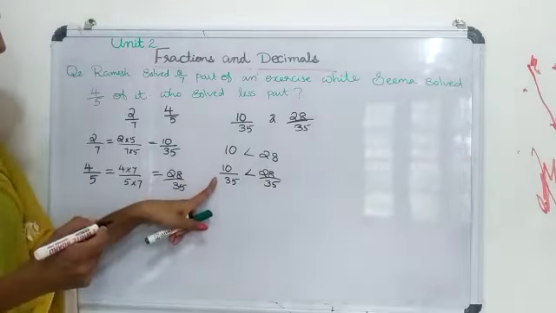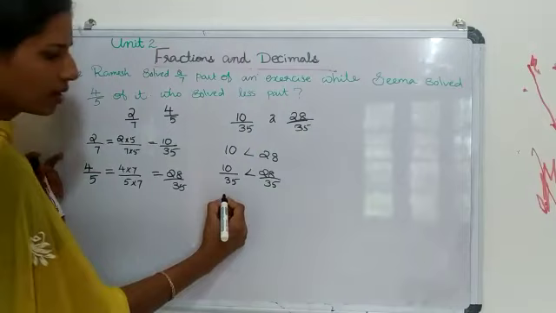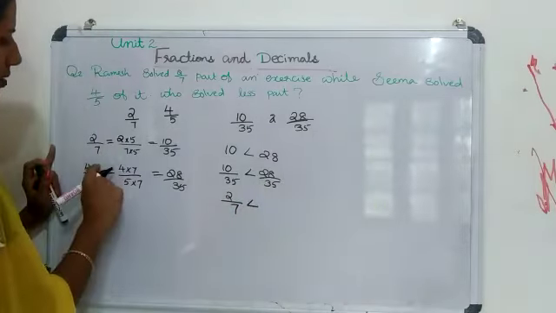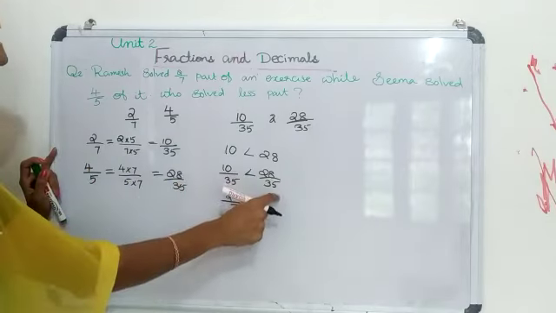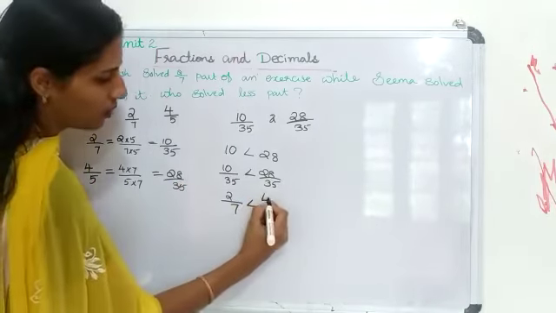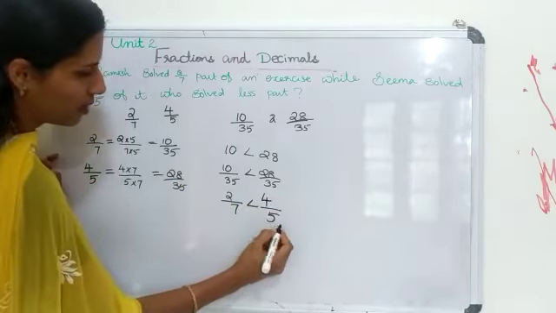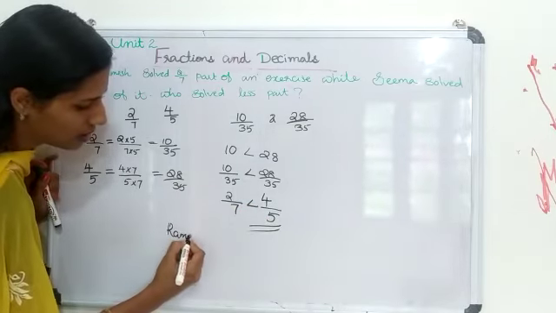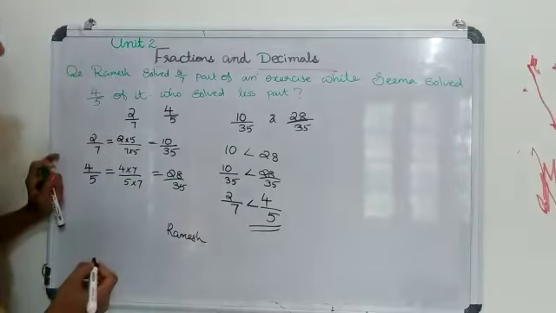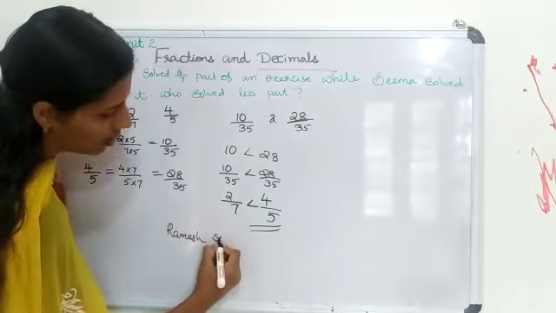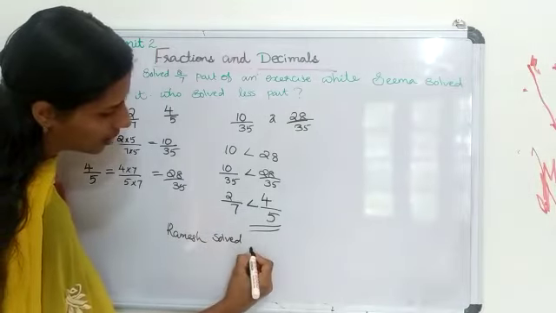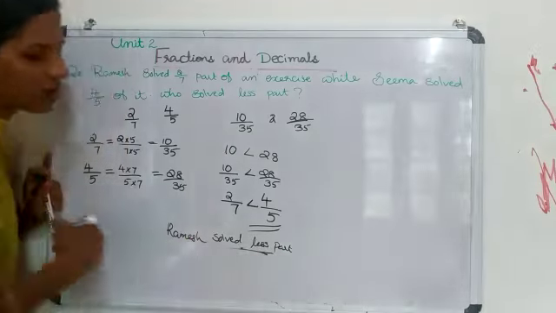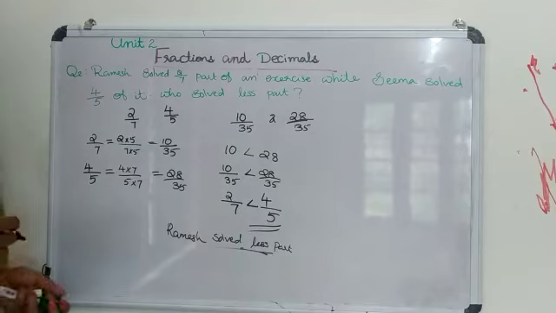This 10 by 35 is equivalent to 2 by 7, which is less than 4 by 5. This 28 by 35 is equivalent to 4 by 5. So who did less work? Ramesh solved less part. So is it clear?